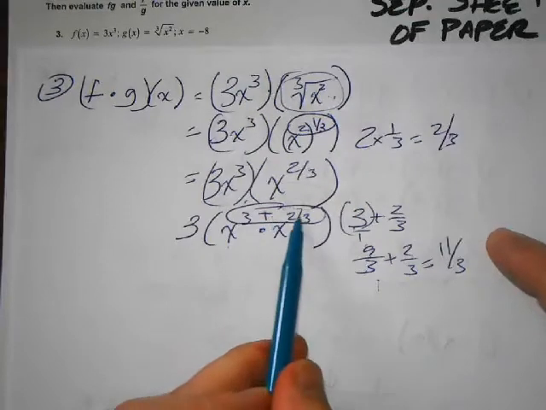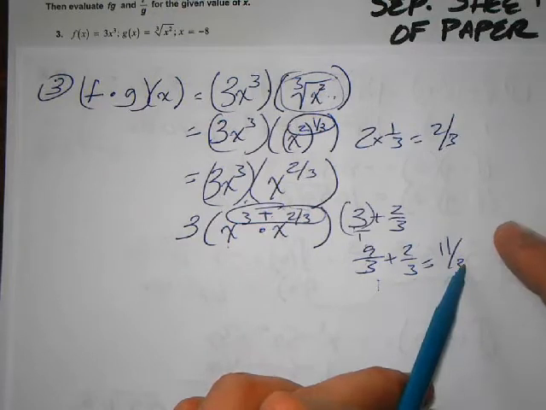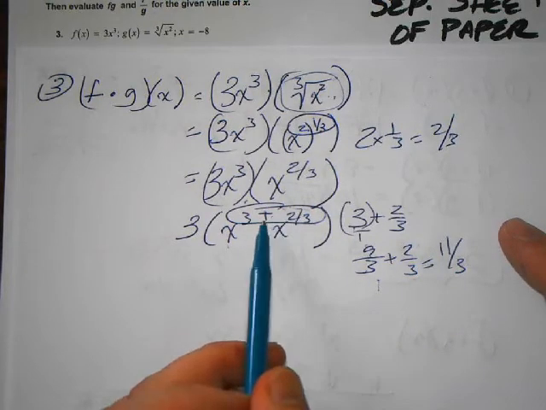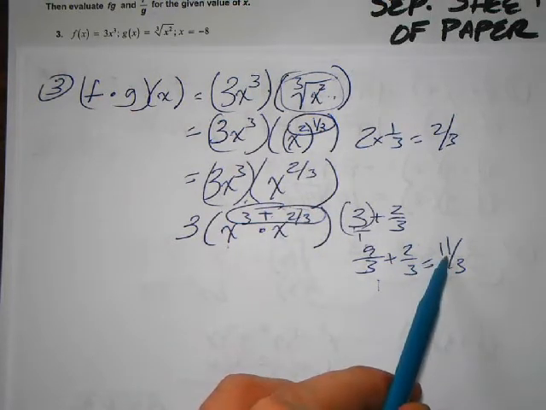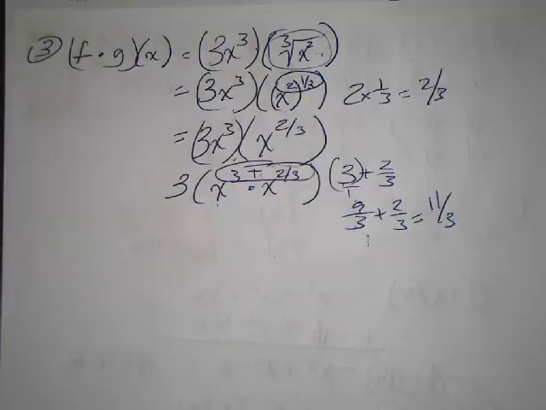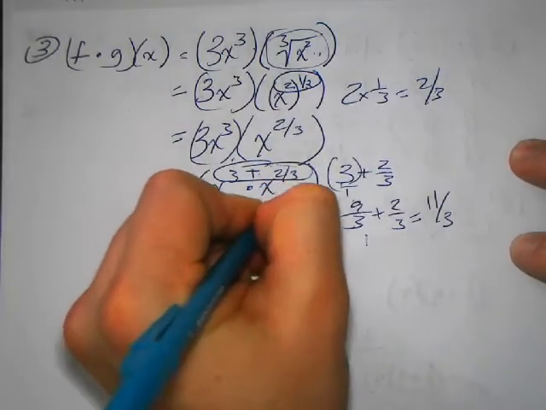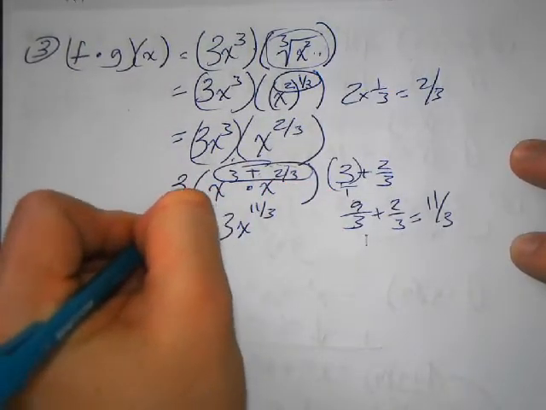So I just did my little exponent problem over here off to the side, and I found that we're going to have 11/3 as our final exponent up here. So altogether we have 3x to the 11/3 power. And that's going to be f times g of x.